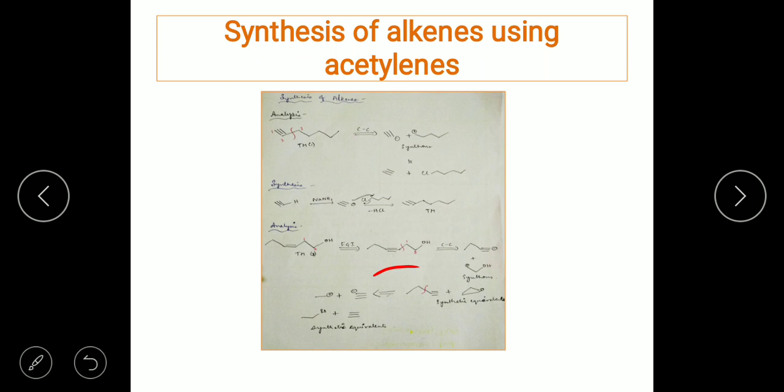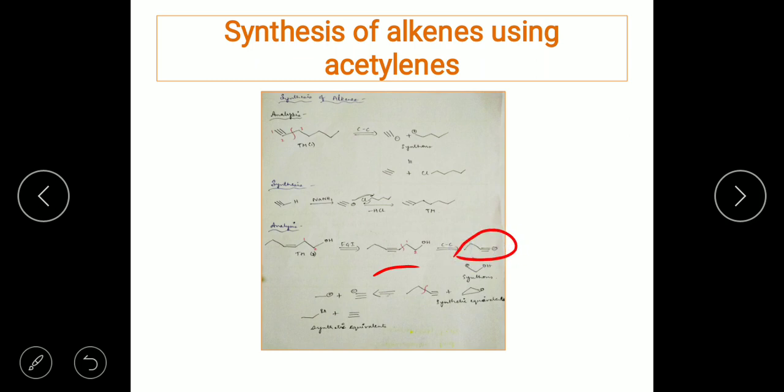As I told, alkyne is sp hybridized and has 50% S and 50% P character. Once you disconnect a bond between the acetylene group and the adjacent carbon atom, it gives rise to an anion.